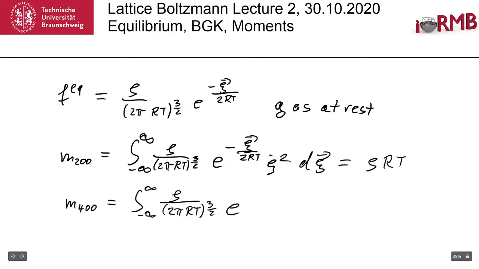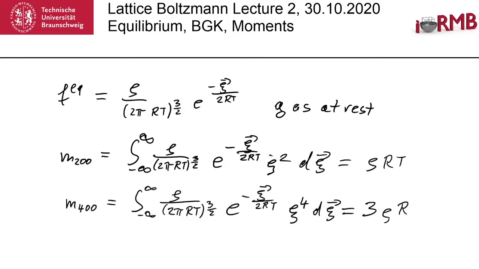Now we look at this guy here, with 2RT, and we multiply this with xi. Now not a vector, just a component in x direction, the x velocity. And we integrate this over the entire velocity space. I've done this with Mathematica. You can try to do this by hand, it's a bit annoying. What we get out is 3 rho R squared T squared.